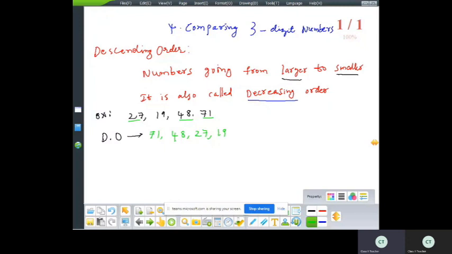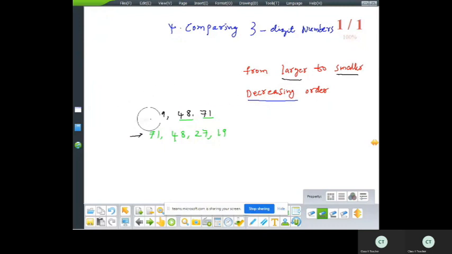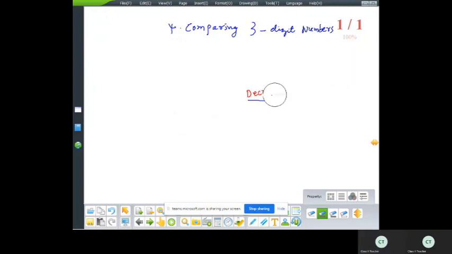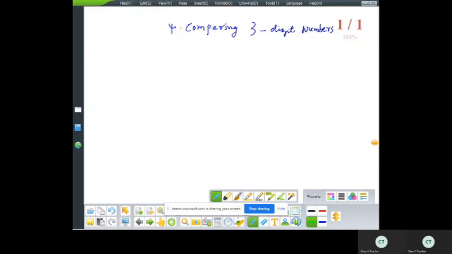Now we are going to solve some textbook problems. In the textbook, page number 50.